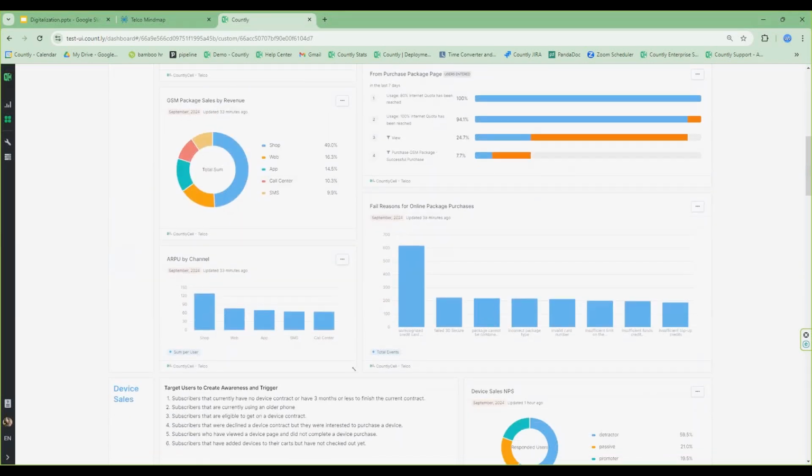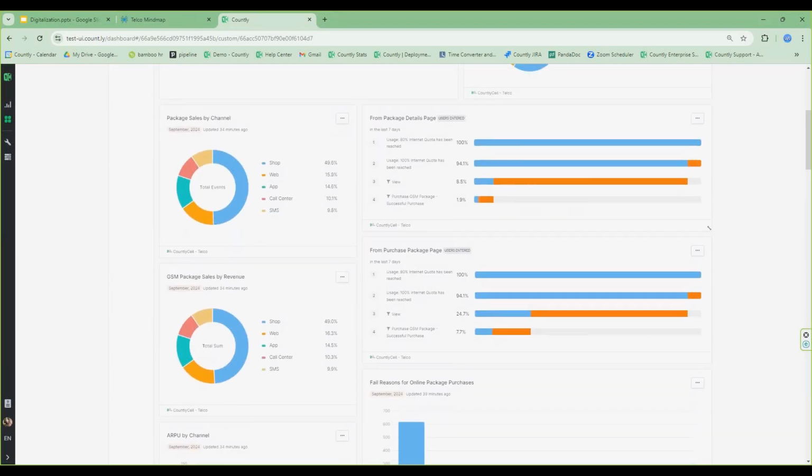And also, is my average revenue per user higher or lower compared to other channels? So maybe I need to correct my UX to make the more expensive packages more attractive. So when the users come, they prefer the more expensive ones compared to the cheaper ones. So I can improve there.